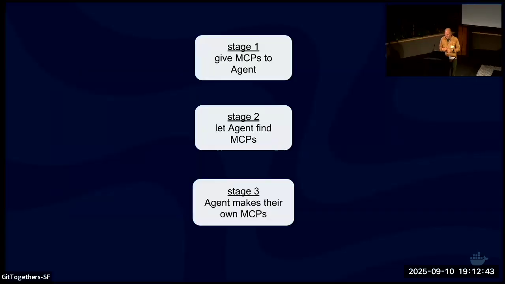So I think about this as 3 stages. In stage 1, I'm very explicit with the agent: here are the 4 tools I want you to use. In stage 2, I'm just going to say, I don't know what you should use, you go find tools that you think will help you solve that problem, and use those. So what do you need then? You need good catalogs filled with tools that you might want to use.